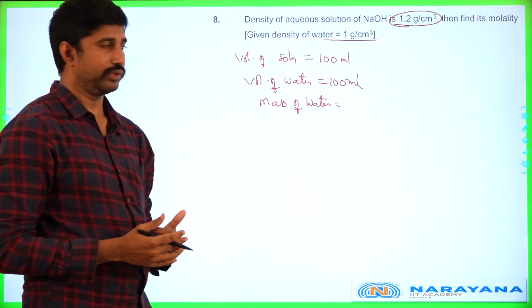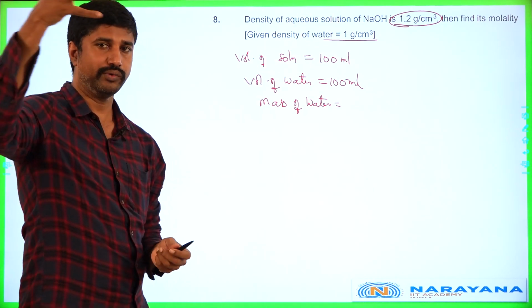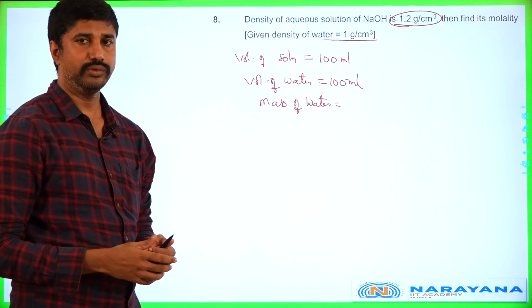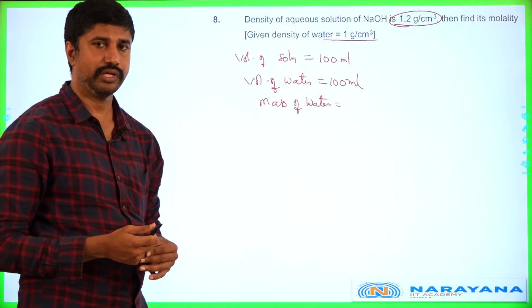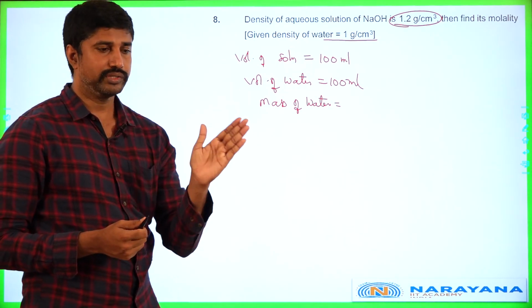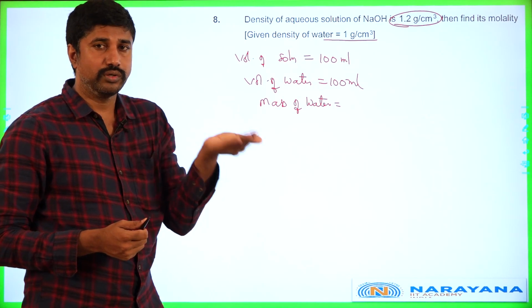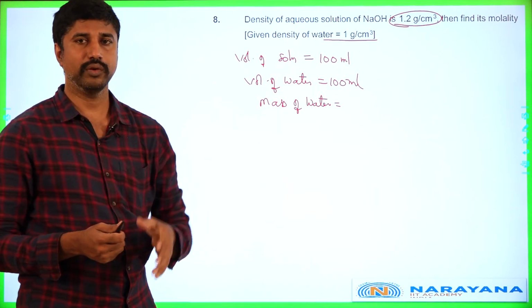Assume that NaOH is a solid dissolving in the liquid to form the solution, so there will be approximately no change in the volume of solution. Solid solute we are adding and liquid solvent we have.